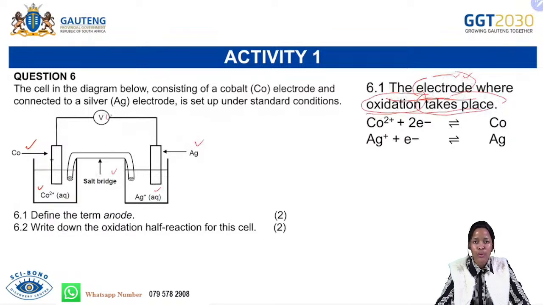So for you to be able to write down the oxidation half reaction, you must first identify what you have in between the two half cells. If you are not able to choose the correct elements or ions inside the half cell and on the electrode, then even when you write your half reaction it might also be wrong. You will see that on the electrode you have a Co, and inside the solution you have a Co2 plus.